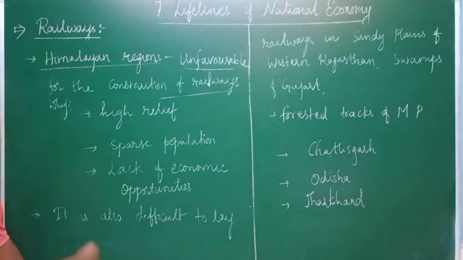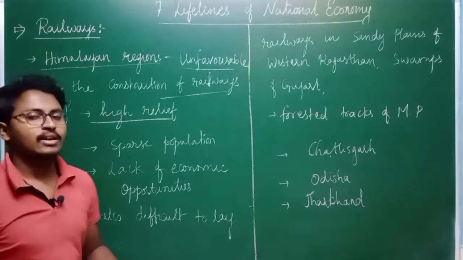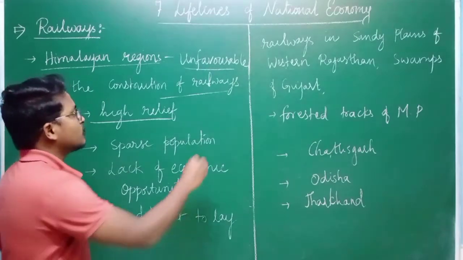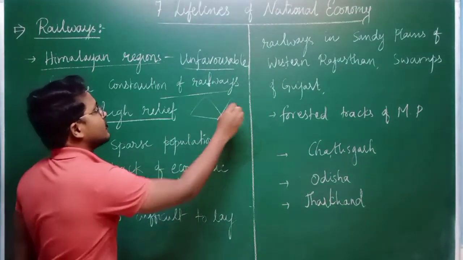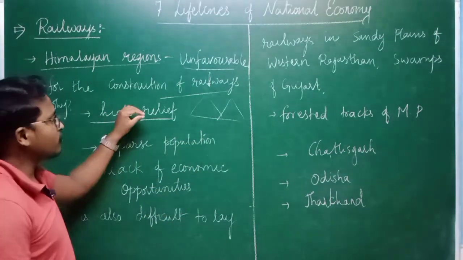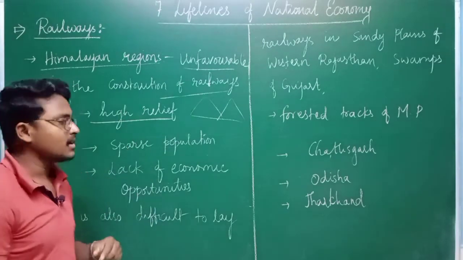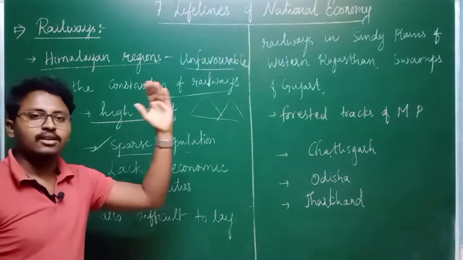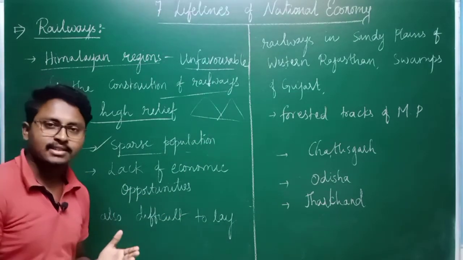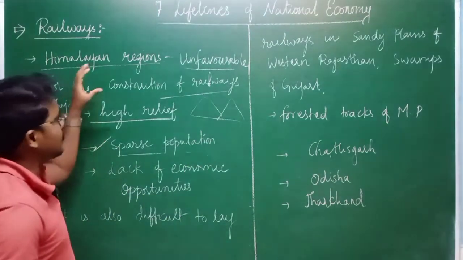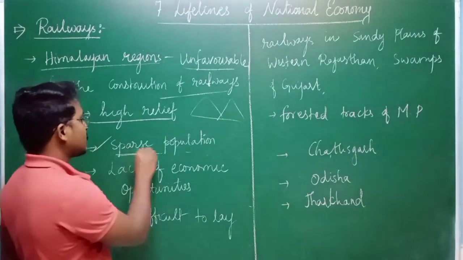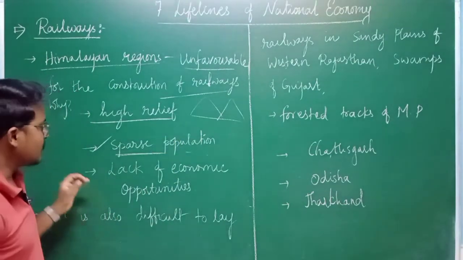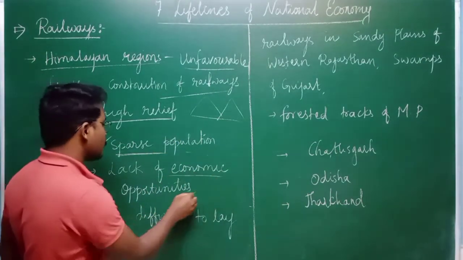The first and very important thing is high relief. You can find the Himalayan regions mostly covered with different mountains, so it would be very difficult to lay the track. The next thing is the sparse population. In the northern plains there is a dense population, whereas in the Himalayan regions the population is much lesser. Then the next thing is lack of economic opportunities.